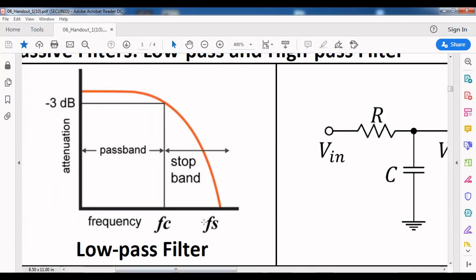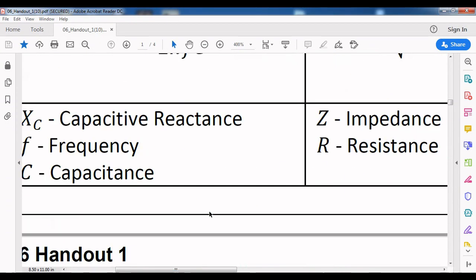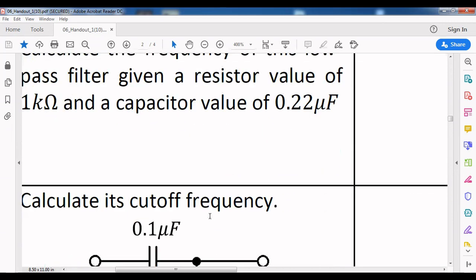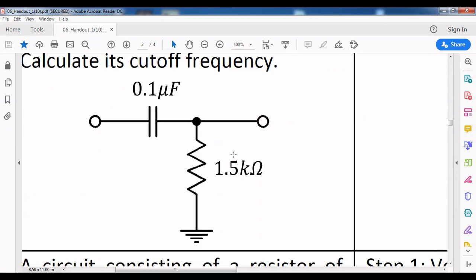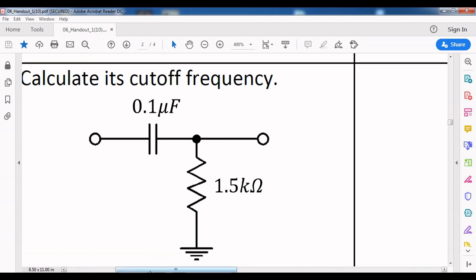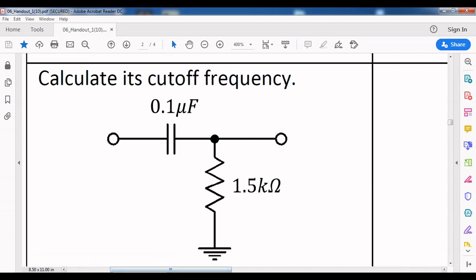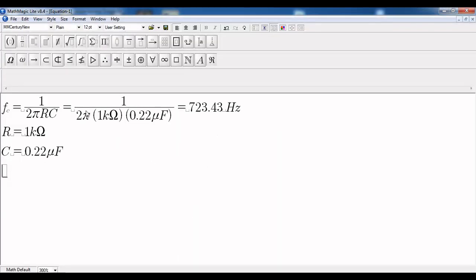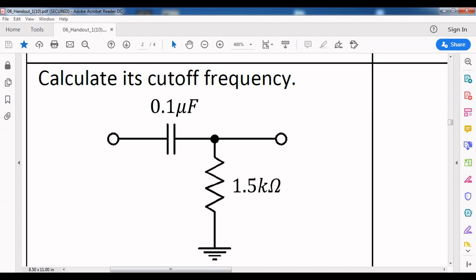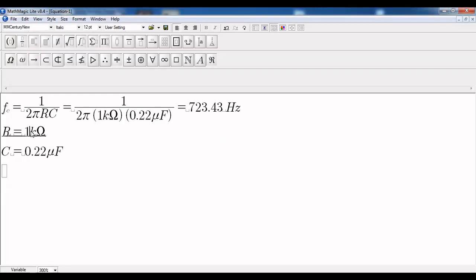So, going back to the problem, we will be able to see that because the resistor is the one parallel to the output, it is a high pass filter. Okay? So we are to calculate its cutoff frequency. So same formula. So 1 over 2 pi RC. But this time around, our resistor is 1.5K.